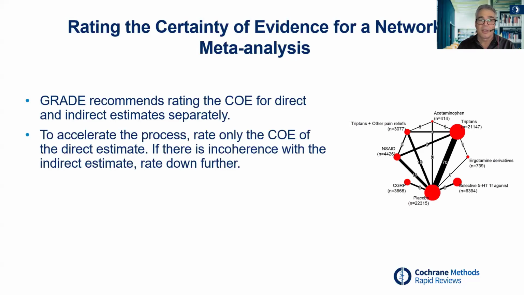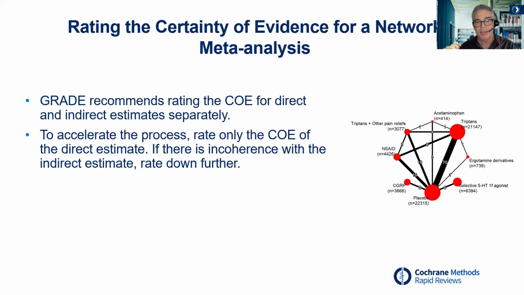The first recommendation is that if you have closed loops in your network diagram, currently GRADE guidance recommends rating the certainty of evidence of the direct and the indirect estimates separately, and then together the estimates of the network meta-analysis. To accelerate the process, rate only the direct estimates. And if there is incoherence between direct and indirect estimates, then further downgrade.